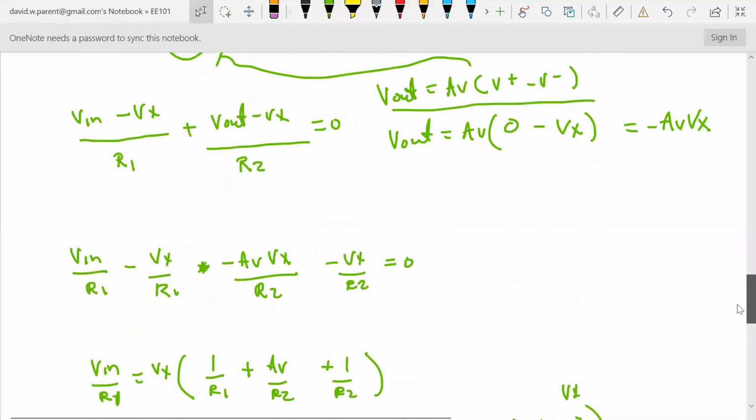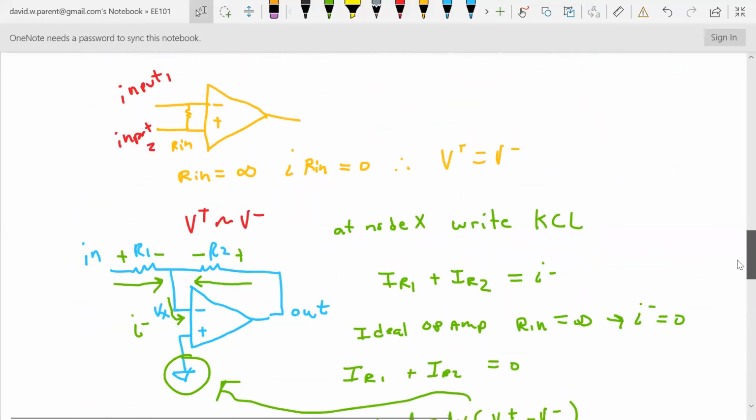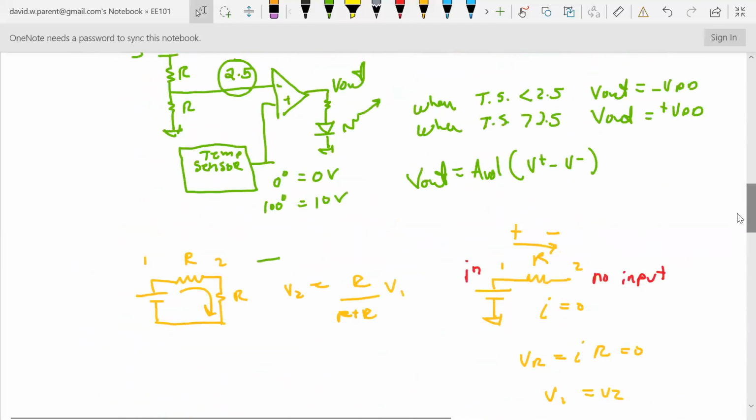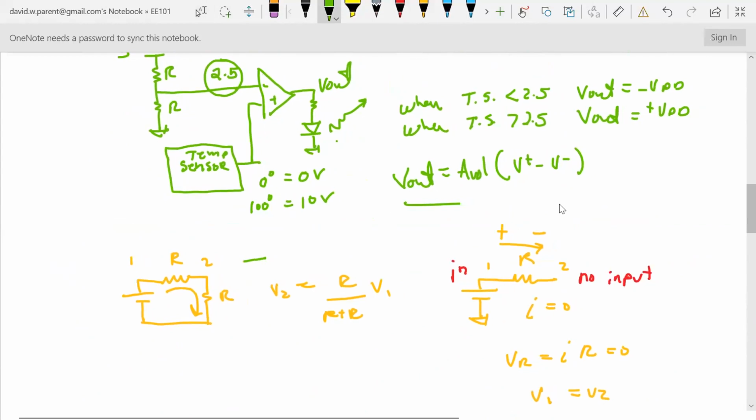All right, so let's just summarize. There's no feedback here. I have inputs and I have an output, but there's no way to get the current, like the voltage here isn't fed back onto either one of these nodes. So it's totally independent, and you just use this equation.